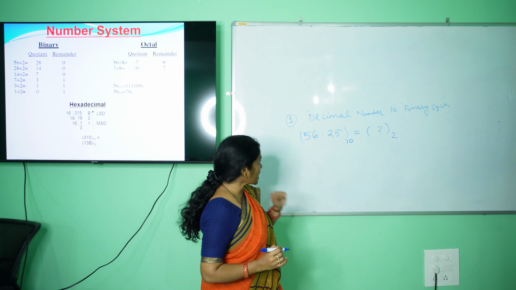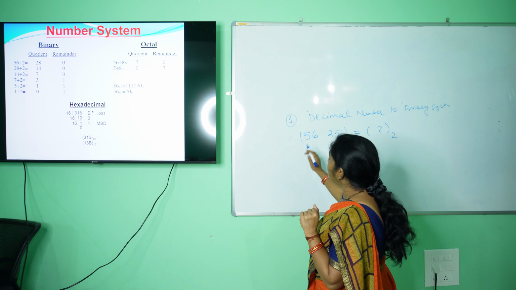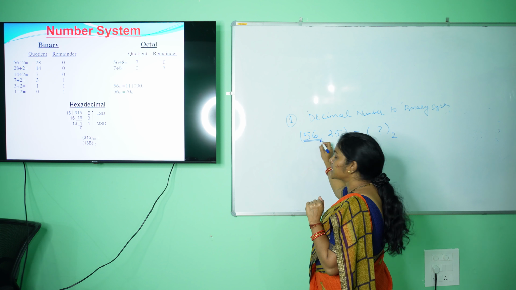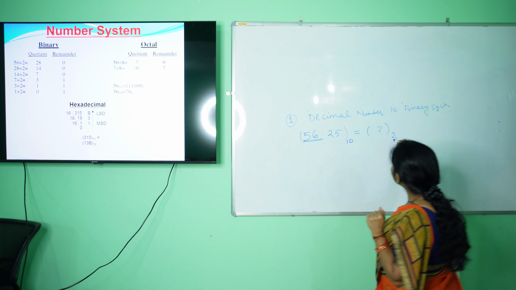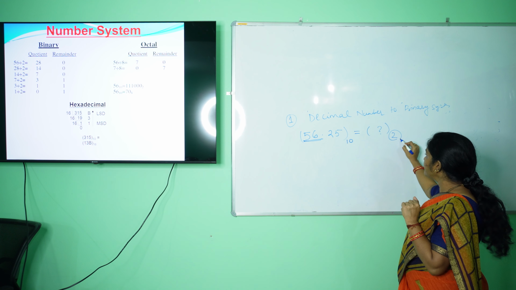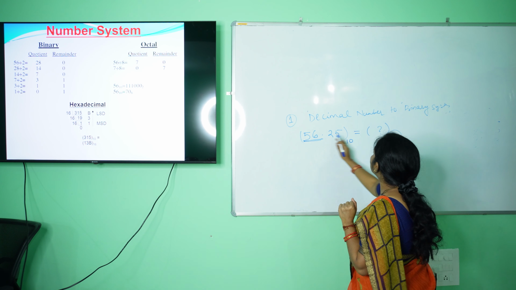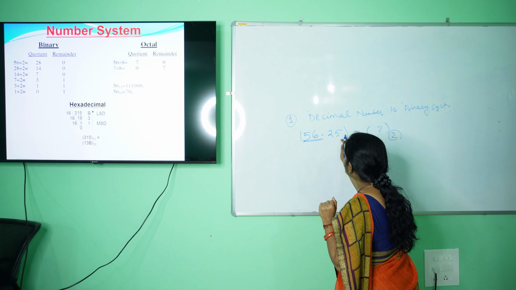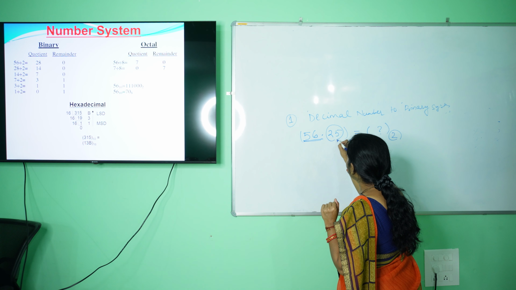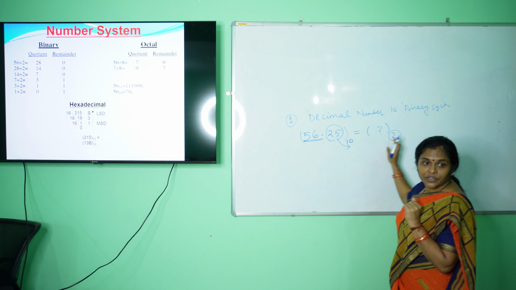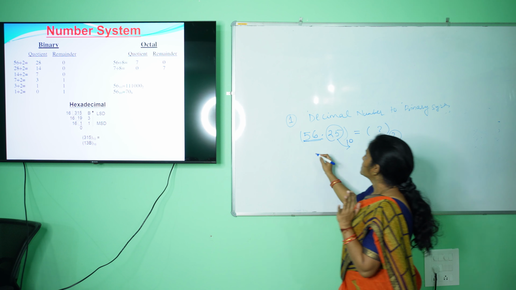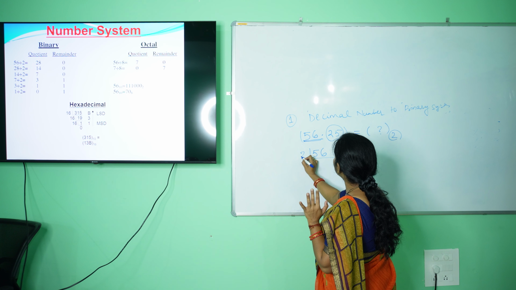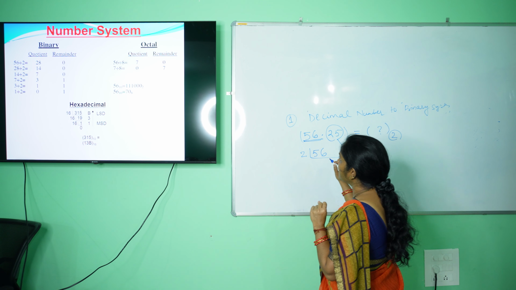So what is the step for this? The step is you have to divide this 56 by whatever number has been asked. You want to convert it to binary, so you have to divide by 2. And for the part after the decimal point, that is .25, you have to multiply with 2. This is the step. So first, I want to divide 56 by 2.